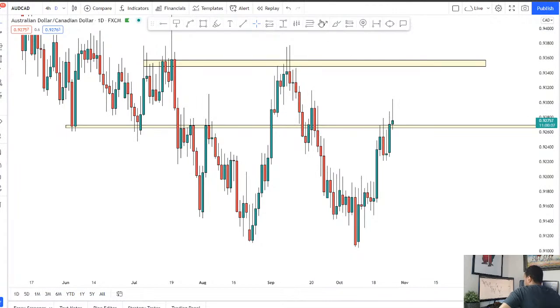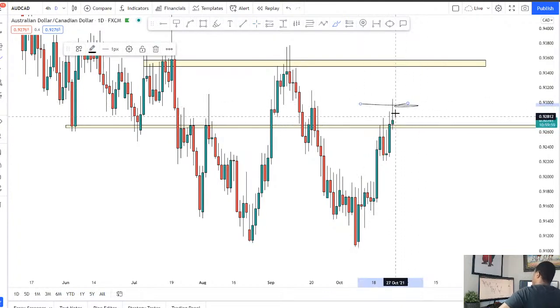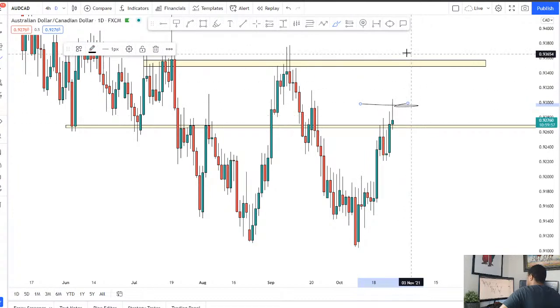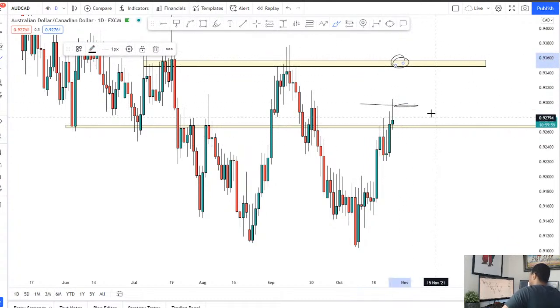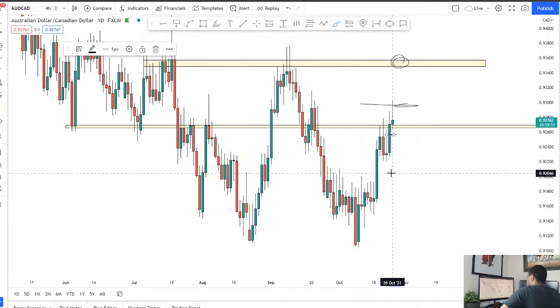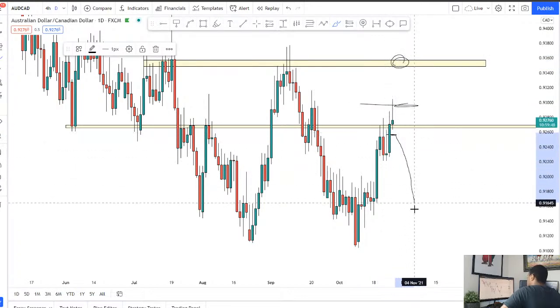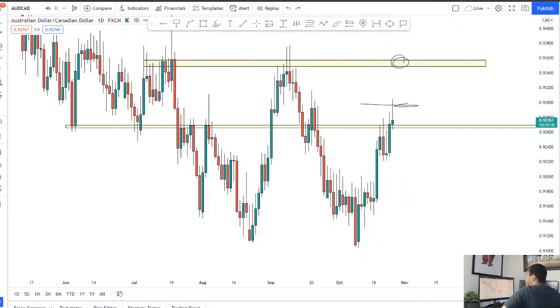So if we can see a break of this level, so this kind of wick to the upside closes strongly bullish, then we've got a confirmed breakout on the daily, and we'll most likely see a completion of the range to the upside. If not, and this candle closes bearish below, then we'll probably fall to the downside again for AUD, but we'll see what happens with the daily candle.